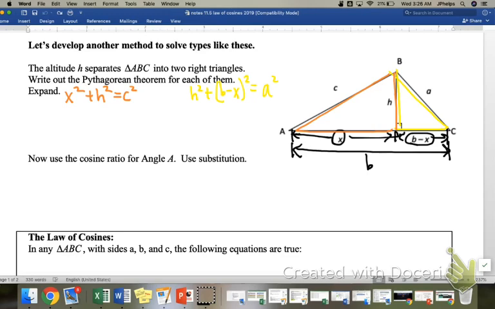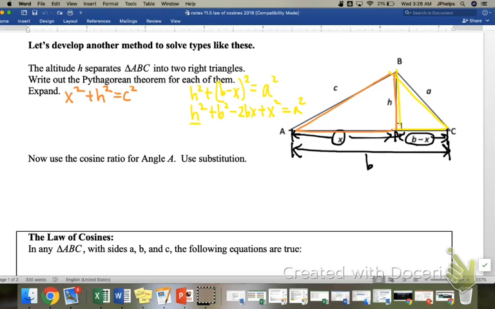And we're going to go ahead and expand this equation on the right. We've got h squared plus, if you FOIL b minus x squared, that comes out to b squared minus 2bx plus x squared, and all of this is equal to a squared. Now looking at these two equations, they both have x squared plus h squared.